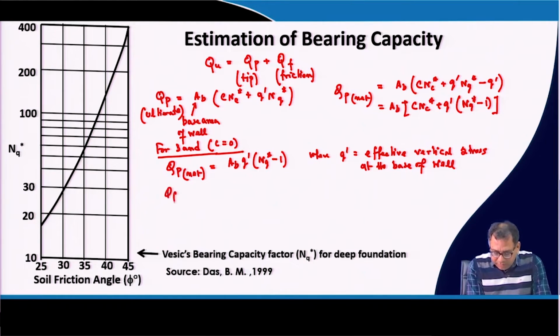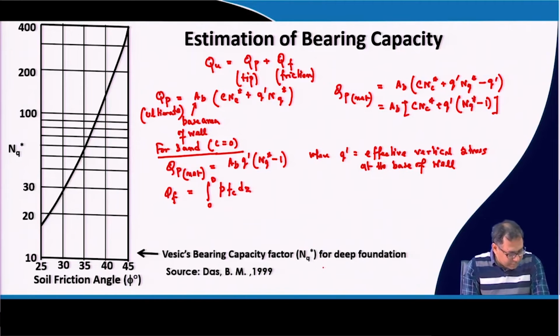Similarly, for the Q F friction part, that will be the same as the pile foundation. So, that is 0 to D, that means the total depth of the well, then this is the friction resistance, perimeter, friction resistance and dz.